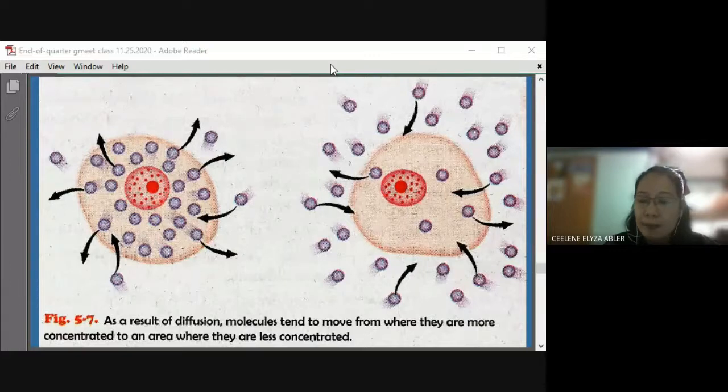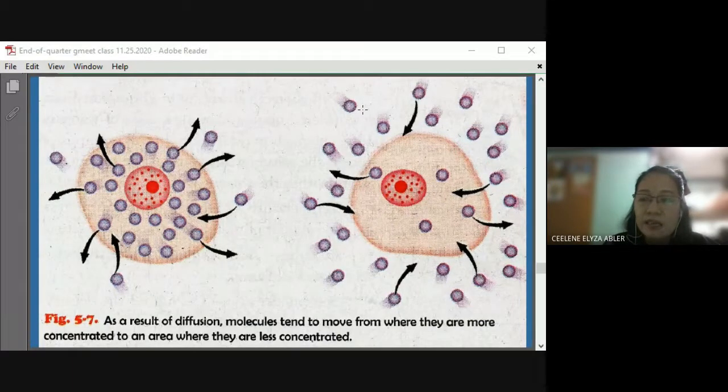Halimbawa naman, kung the substances is medyo quite your water molecules naman is yung distilled water naman ang nilagay natin. So ang ibig sabihin, meron tayo yung water molecules that is high in concentration sa labas ng cell compared to the inside of the cell.